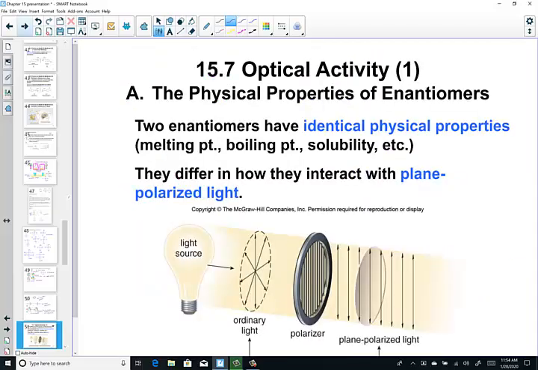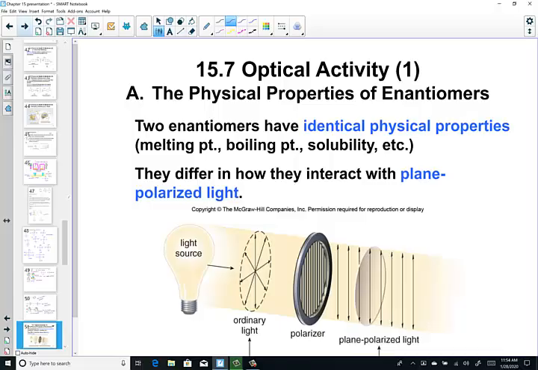A physical property of enantiomers is the way that they rotate light. 2 enantiomers are identical in every way: boiling points, melting points, solubility. The only difference is the way that they've attached those 4 unique arrangements around the chiral carbon and therefore interact with light differently.